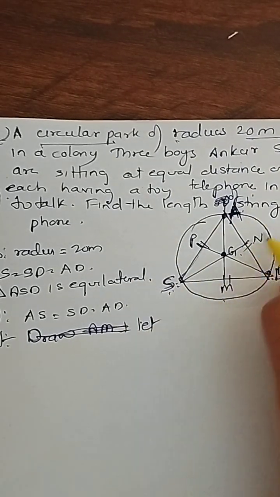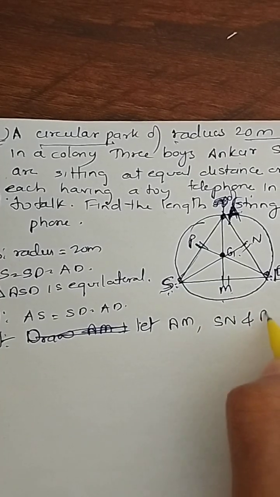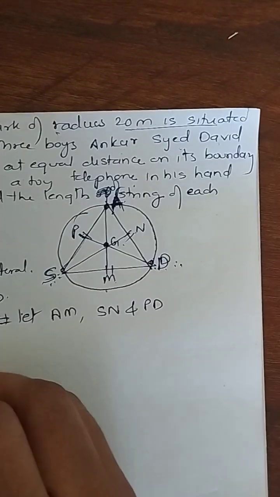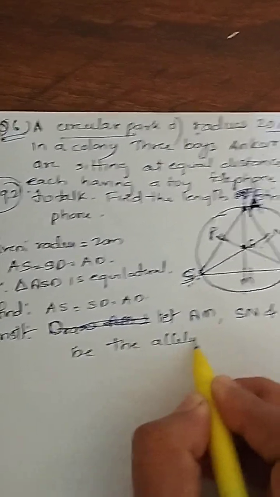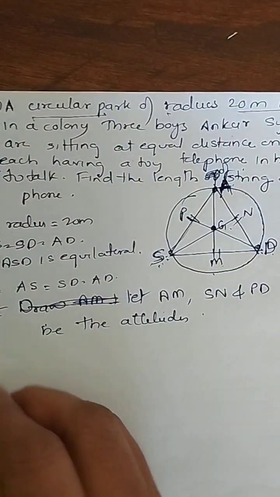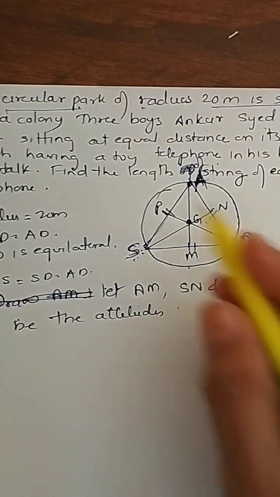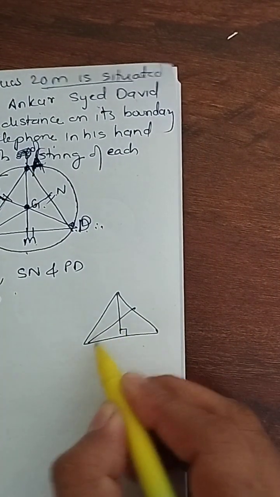Instead of writing each one as perpendicular, you can say let AM, SN, and PD be the altitudes. Now remember this is an equilateral triangle, correct? Altitudes means they will be perpendicular.